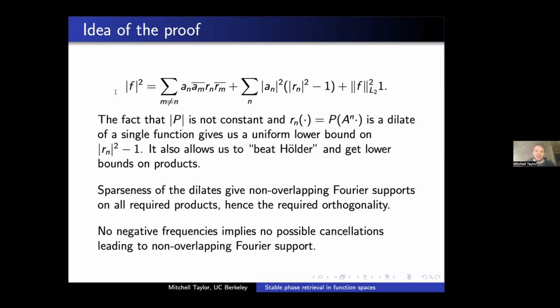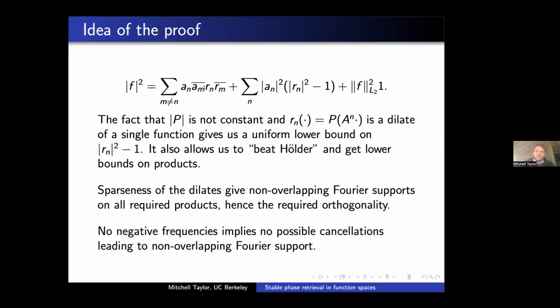Well, when I take this expansion, I'll take my basis vectors r_n to just be p of a^n x, so this polynomial and its dilates. The fact that I assume the absolute value of p is not constant tells me that the absolute value of p is not 1, let's say after appropriately normalizing it. And then when I form dilates of it, I'll get not only that this quantity is non-zero, but it'll be uniformly bounded below, because all these functions are built from dilates.